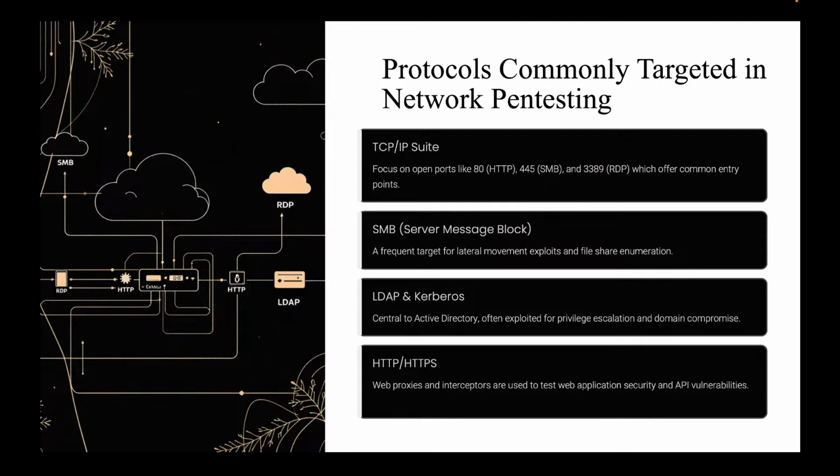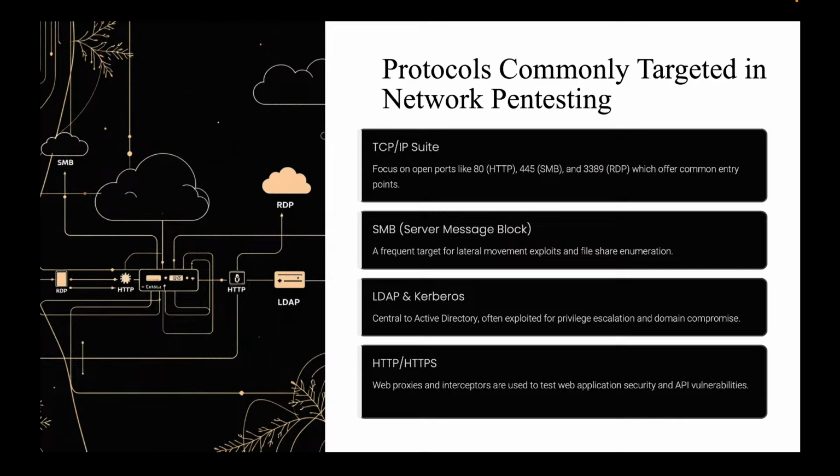HTTP for web traffic, 445 SMB used for file sharing, 3389 RDP, remote desktop access. Why do attackers target these? These ports are often exposed, and weak configurations can be easily accessed.